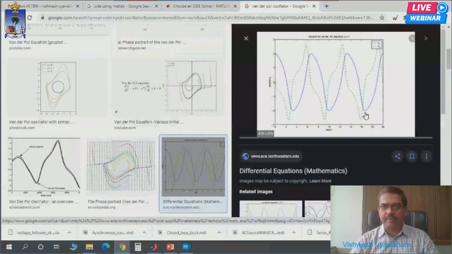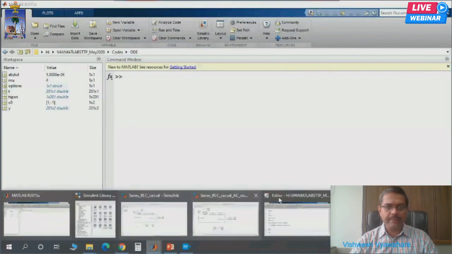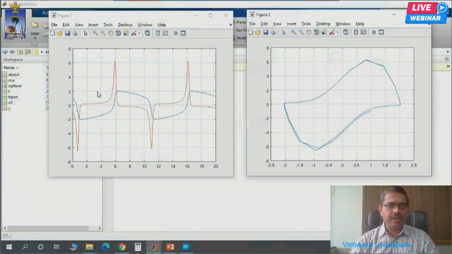You can see these dotted ones. These dotted ones are nothing but your solution, and let us compare it with our MATLAB. You can see you get y and y dot both as a function of time. The blue one is y and the red one is y dot, because the initial condition here is 1 and the initial condition here is -1.